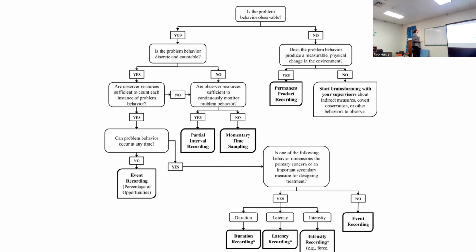It's just a flow chart of what method of measurement you should use, but it's great because it doesn't just include whether the nature of the behavior is discrete and countable, it also includes how possible observation is, and it balances those. So we're not going to go through all of those, but everyone should look at it.